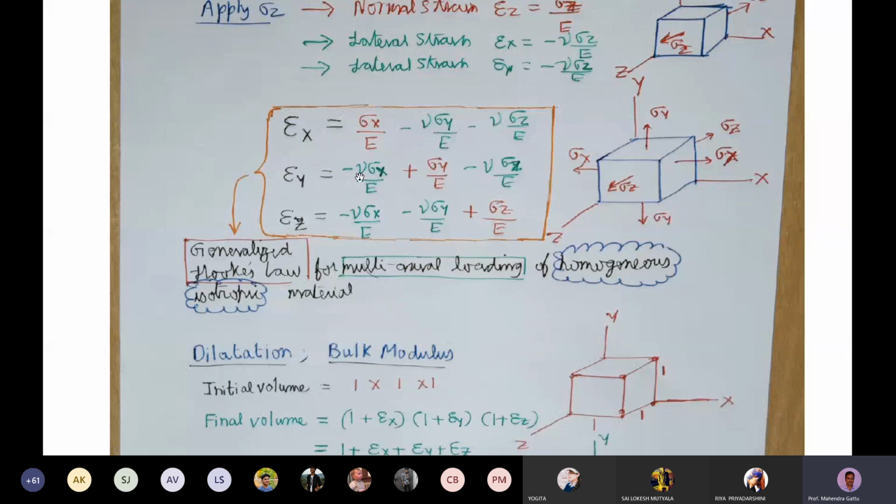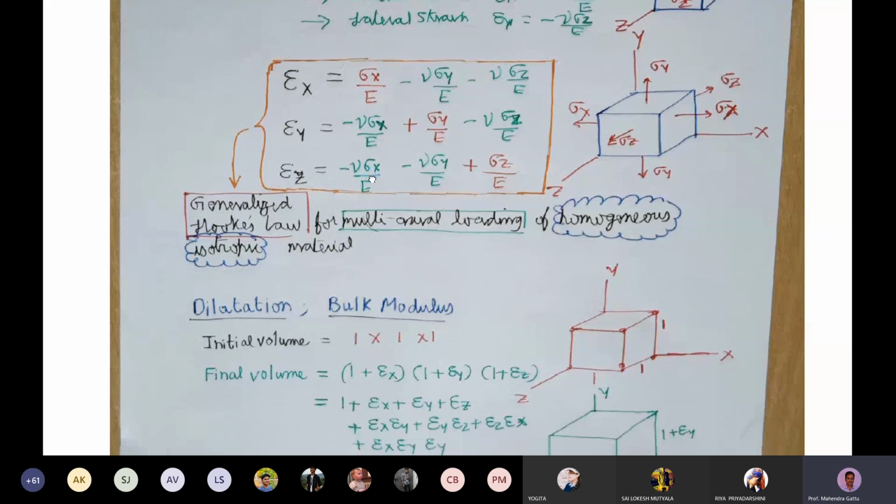We'll still have the lateral strains coming here, so minus nu sigma x by E. And for epsilon z also, we have minus nu sigma x by E. So this is one of the problems in the homework in the given module, where you are asked to find the lateral strain and decrease in the diameter of the bar, which is a uniaxial loading problem.